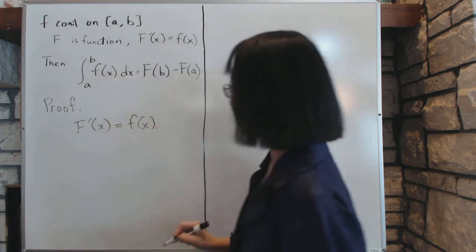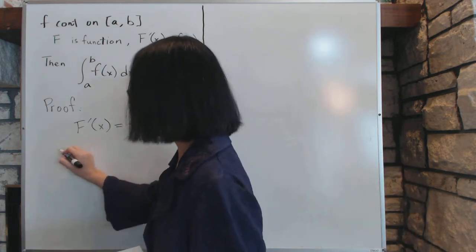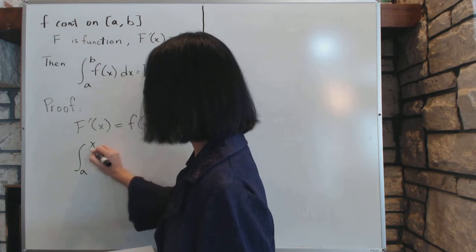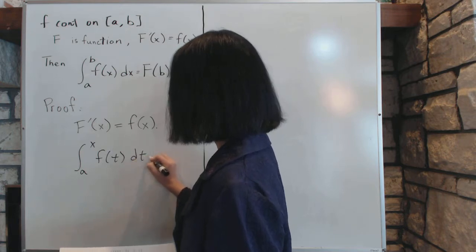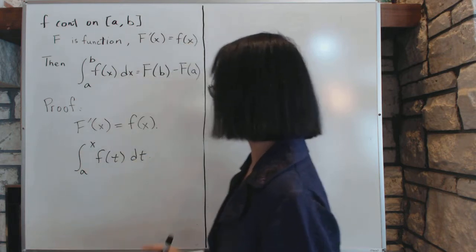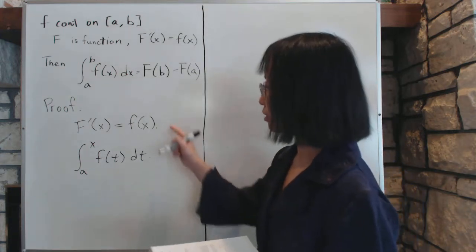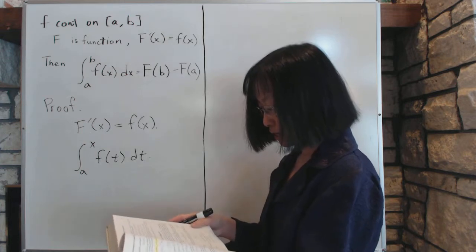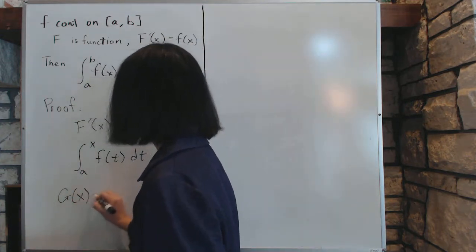And then the fundamental theorem of calculus says that the derivative of this thing right here, the integral from a to x of f(t) dt, is also f(x). Furthermore, we also know that derivatives are unique up to a constant, so we can define a function, we'll call it g of x.